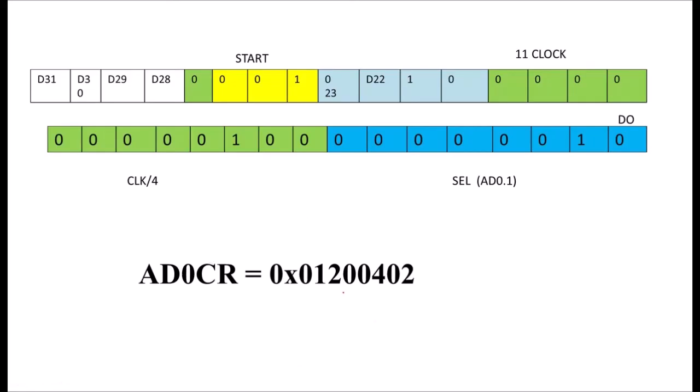If start of conversion is also given while initializing, then you write 1 here. Otherwise you can write 0 initially, and whenever you want to start a conversion, you can store this field as 001. So according to your application, you can initialize this ADC control register.